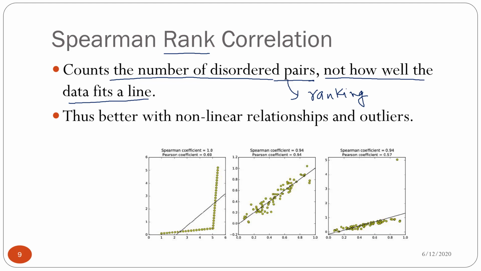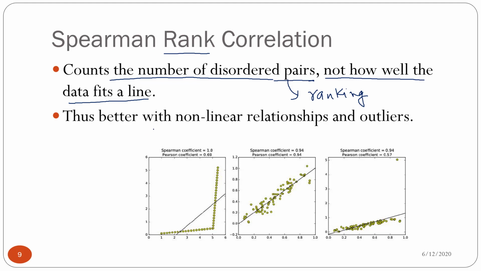That fact of data fitting the line is used in Pearson's correlation coefficient. In Spearman, we don't look at how the data is fitting a line. We just rank the data in terms of X and Y, and we look at the agreement between the ranks in X and Y. That's the reason we call it Spearman rank correlation.